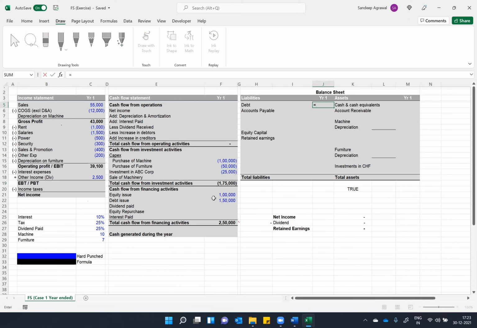In the balance sheet, the moment I have the debt issue, I can link this number from here, so that all the debt that I have issued and received money for should be part of my balance sheet.